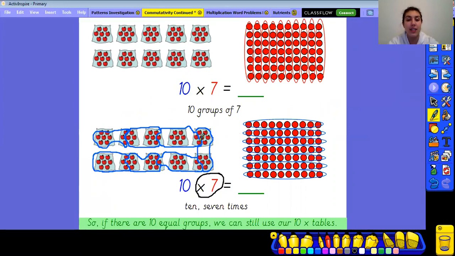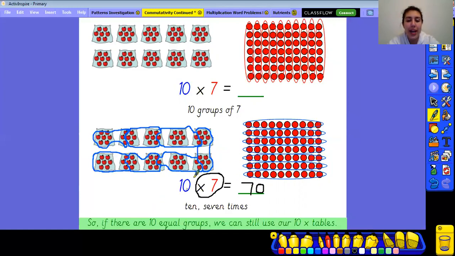So I could say, instead of saying 10 groups of 7, I could say that I've got 10 7 times, in which case I would get my 7 fingers because I've got it 7 times, and I would count 10, 20, 30, 40, 50, 60, 70, which would be my answer.